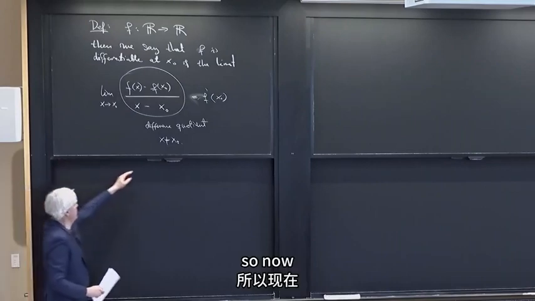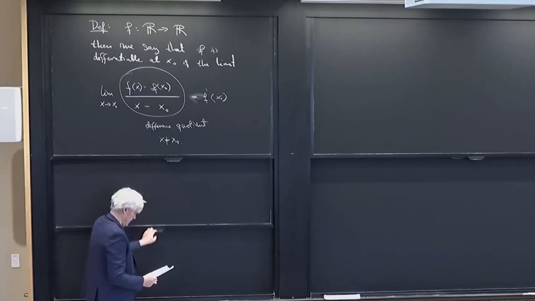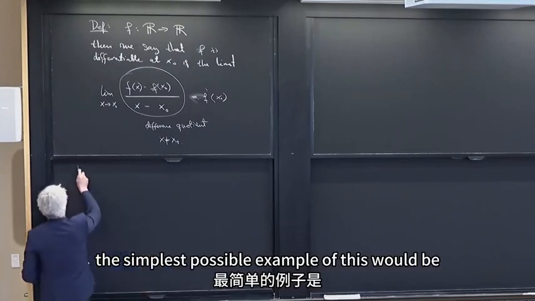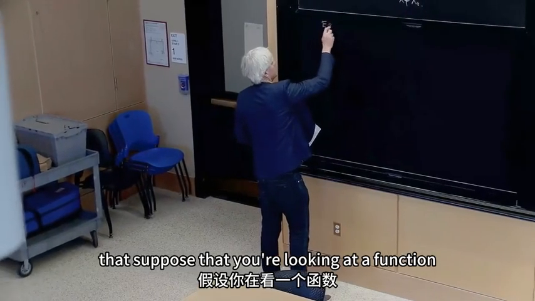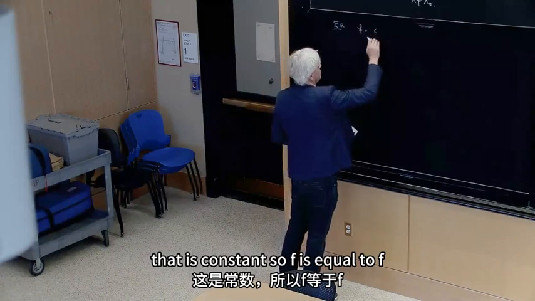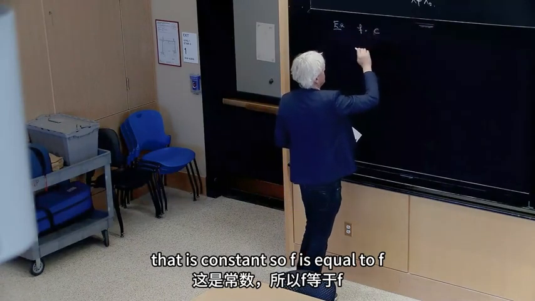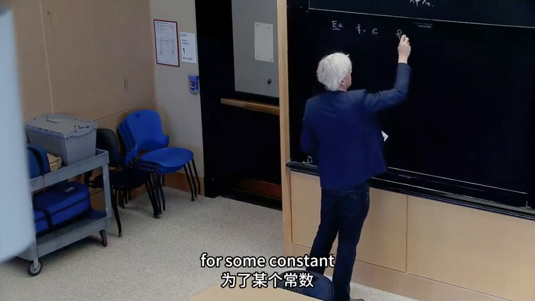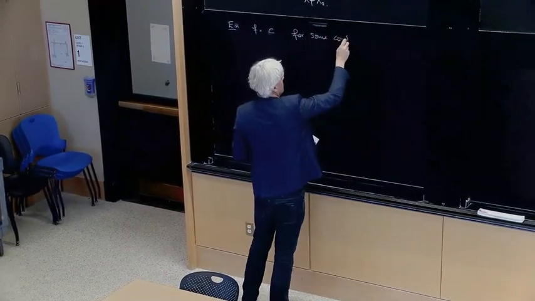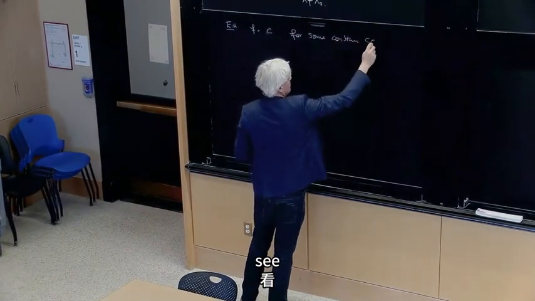So now, the simplest possible example of this would be that suppose that you're looking at a function that is constant, so f is equal to some constant c.